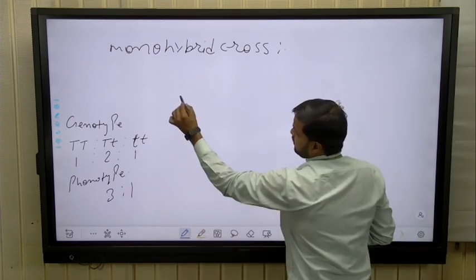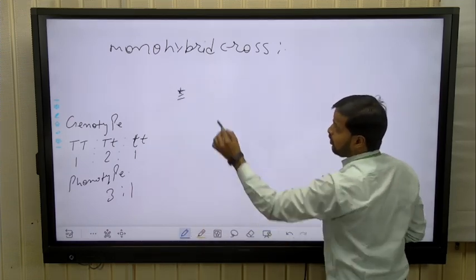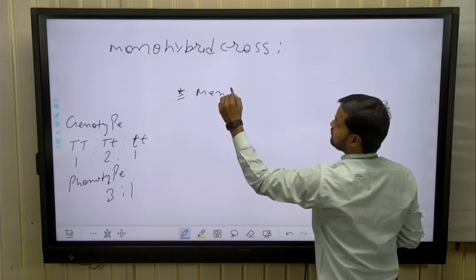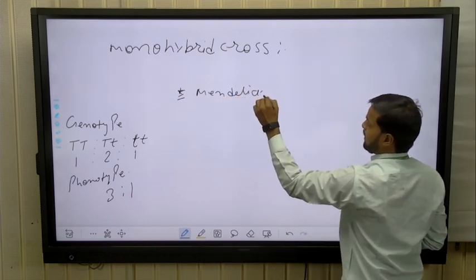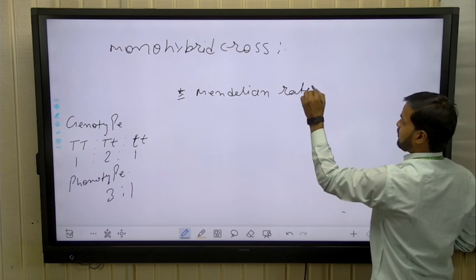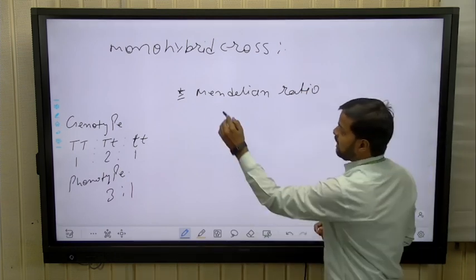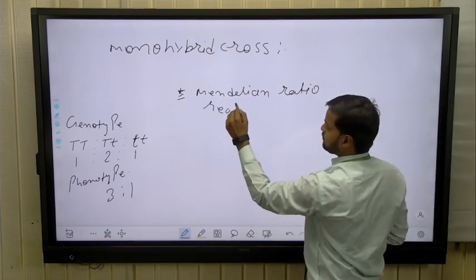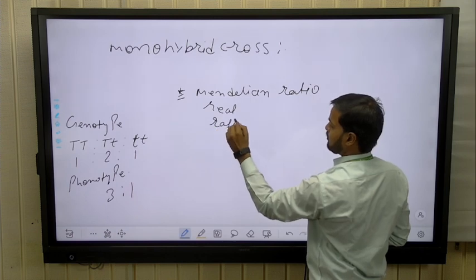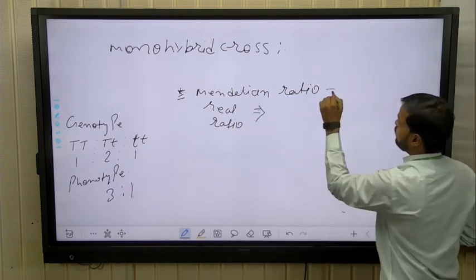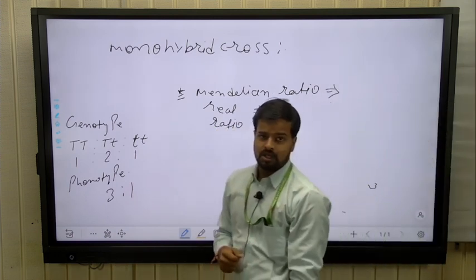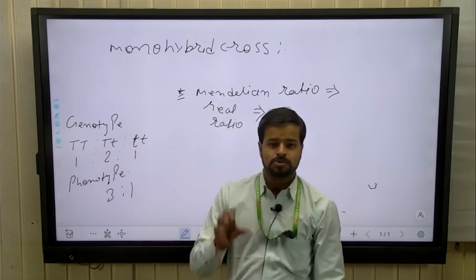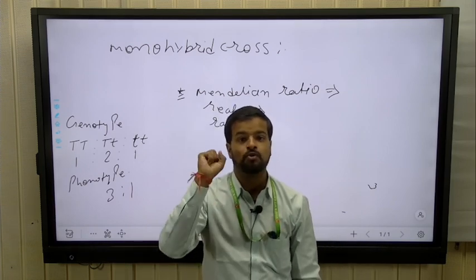Remembering point: the question is, what is the Mendelian ratio and what is the real ratio? Students, very important point: Mendel observed the phenotypic characters of the plant.